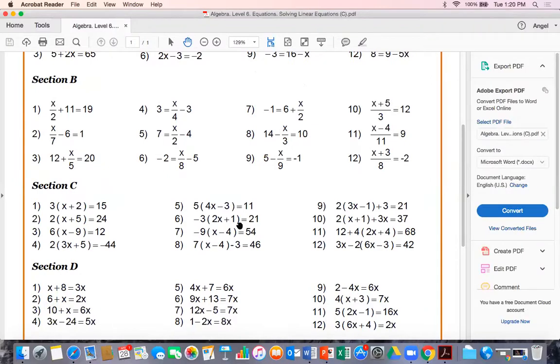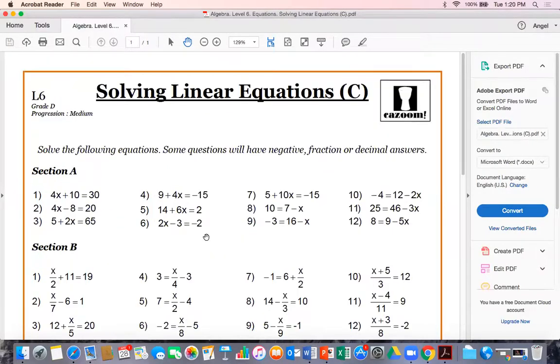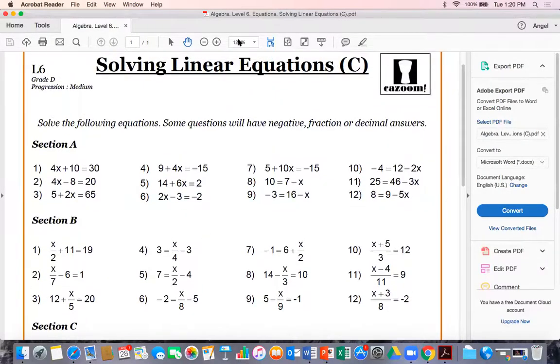Question 4. So question 4 is 3 equals to x over 4 minus 3. That one? Yes, no? I get it.